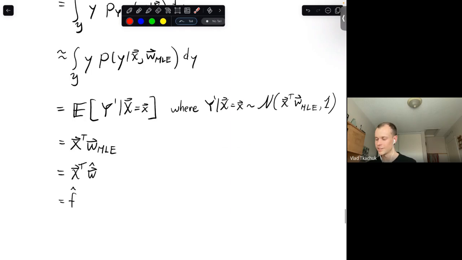And then I'm done, because this conditional expectation has a value, and since it's normally distributed, that value is exactly this, the expected value of a normal distribution. So then I plug that in, and we already saw that this MLE solution is exactly the previous solution we saw, and then we get f hat. Okay, so that hopefully clarifies things.